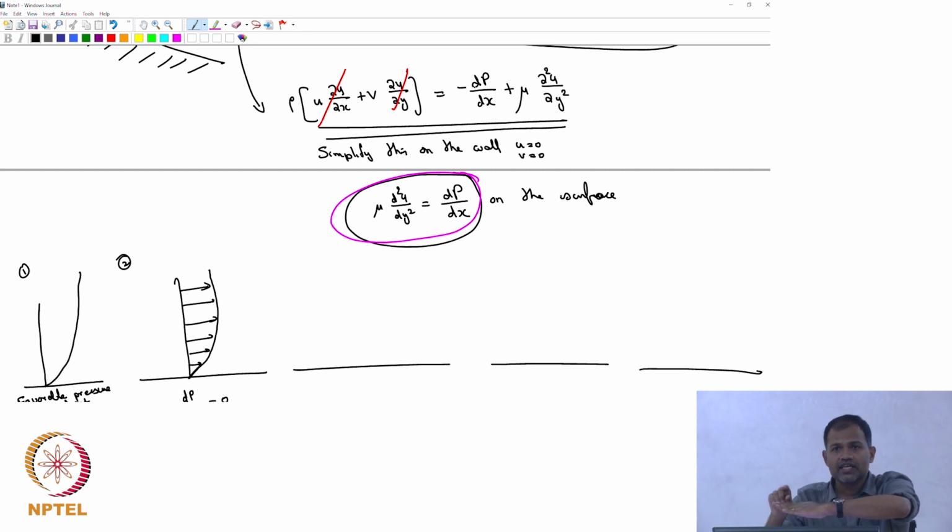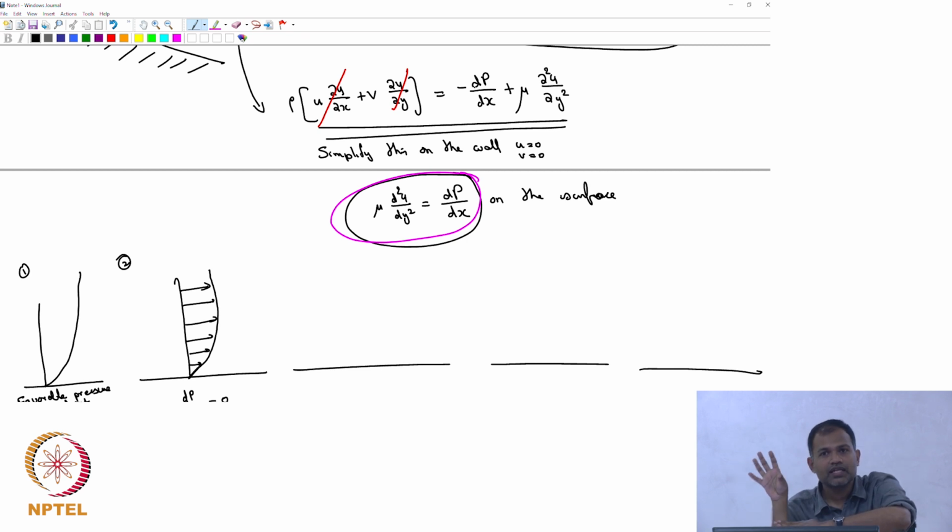Second thing I have said is, if I look at the x momentum equation and write it down on the wall, then because of no slip and no penetration, my u component of velocity is 0 on the wall, my v component of velocity is 0 on the wall, and therefore I am able to simplify my governing equation into this magenta circle, where I have only a viscous term and a pressure term.